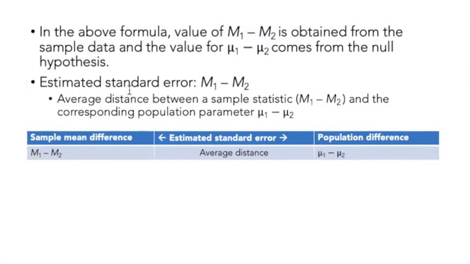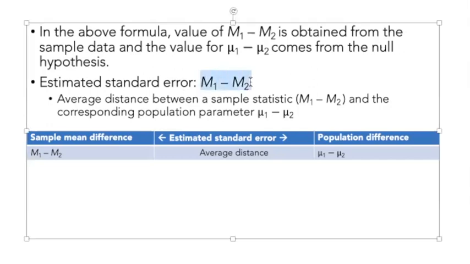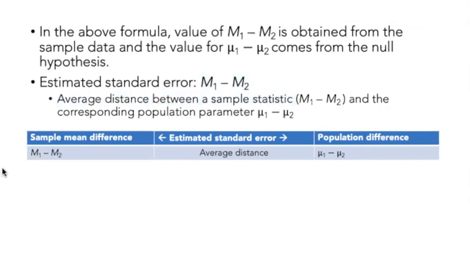Okay. So the estimated standard error. Now for that, you have to start your calculation. What we try to do here is paint a picture of the average distance between the sample statistic and the corresponding population parameter.